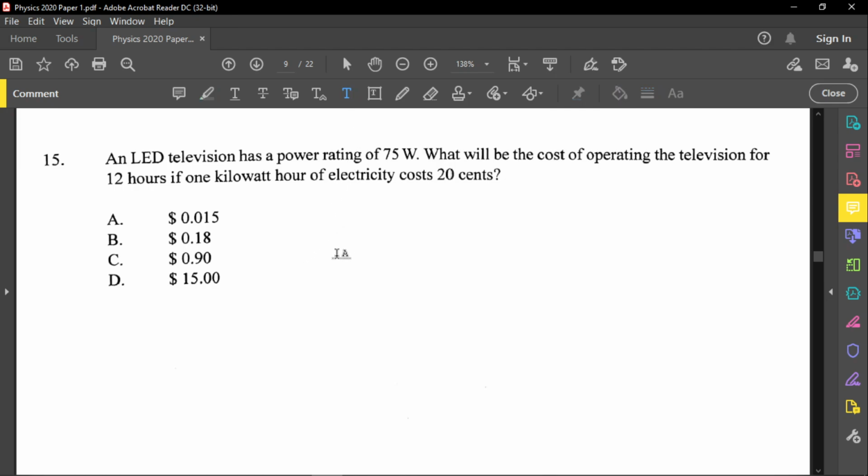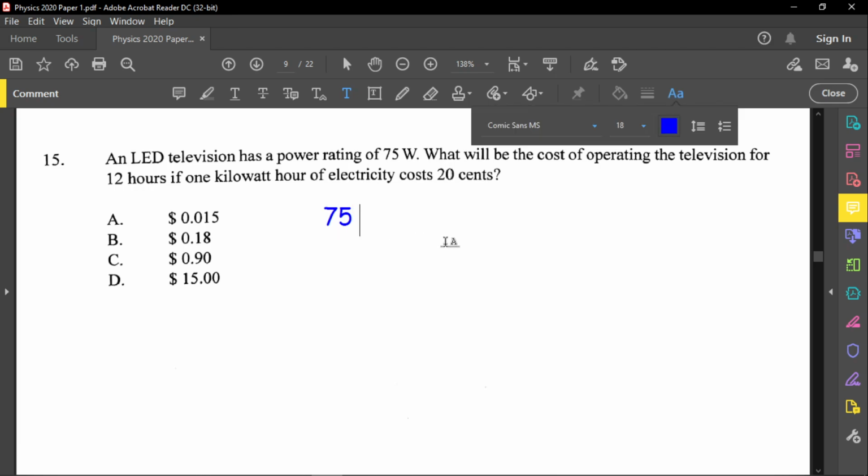So first and foremost in this question, we need to figure out the kilowatt hours, and so what we're going to do is multiply 75 by 12 hours, so that is watt hours.